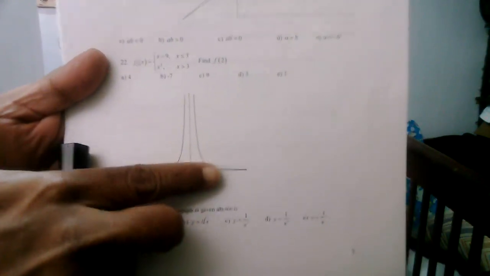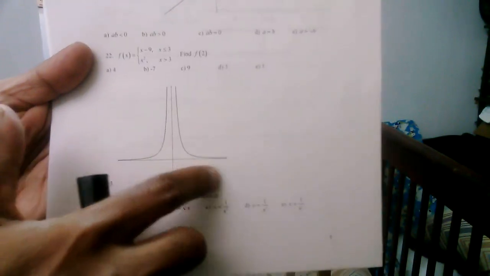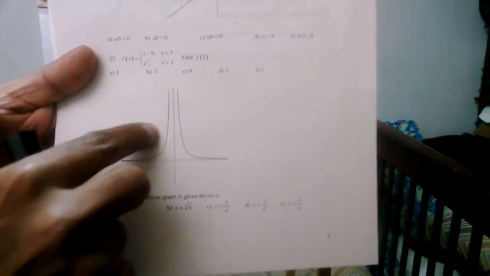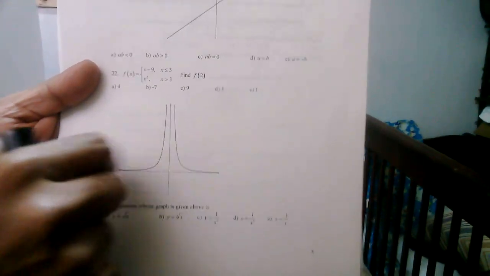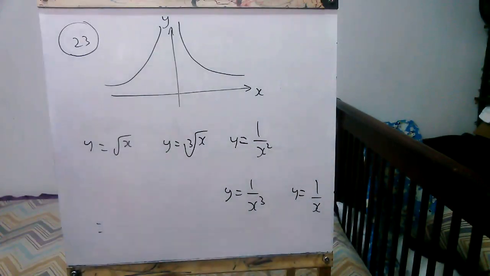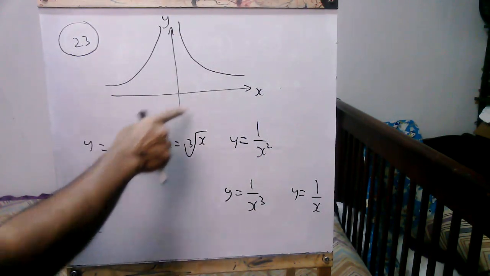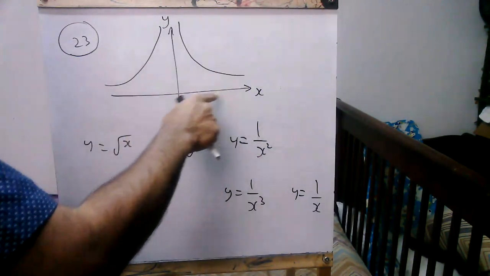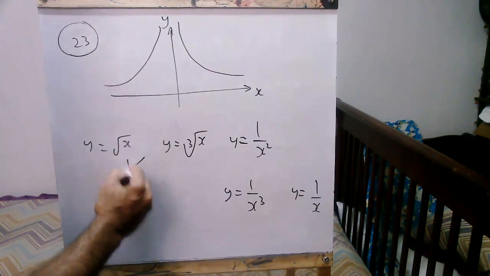Positive means it's above the x-axis, therefore y is positive for both positive x and negative x. Means for all values of x, y is positive, right? From that we can get a clue. Square root of x, we know definitely this is defined only for x greater than 0. For negative numbers it's undefined, therefore this is out, right?